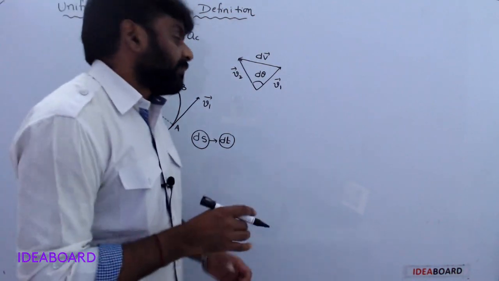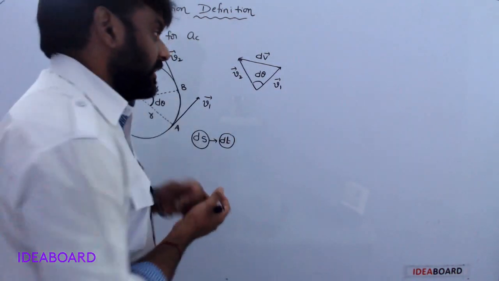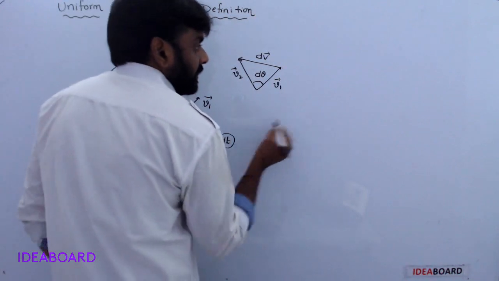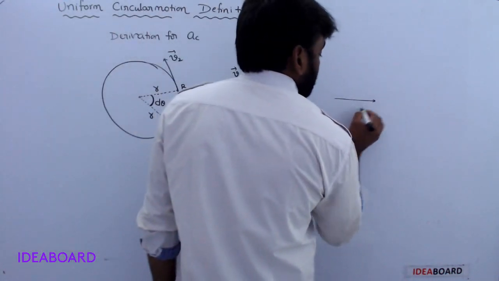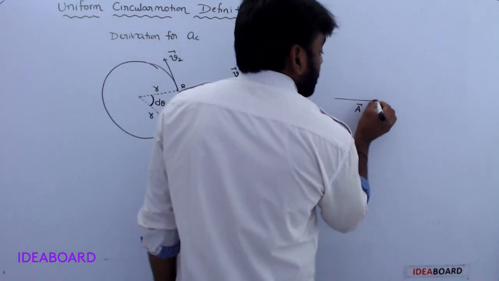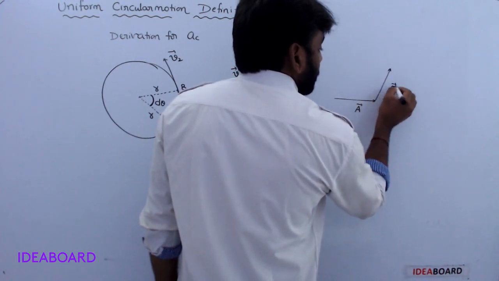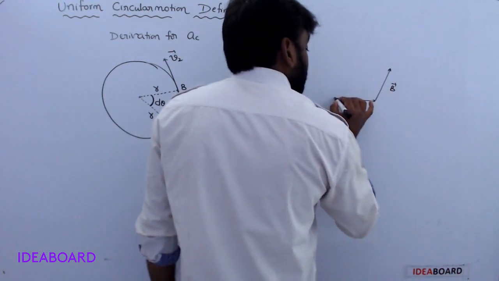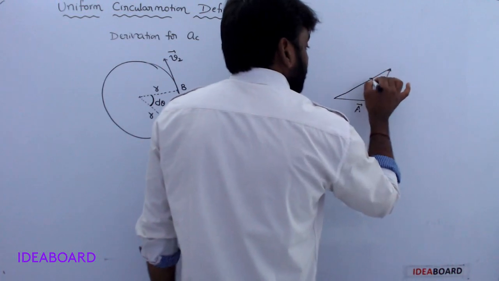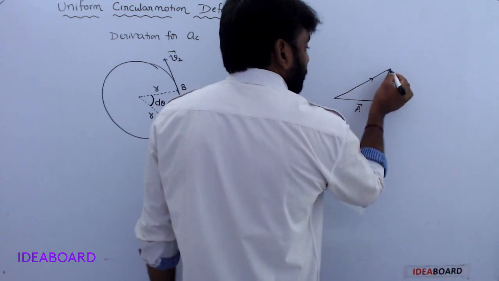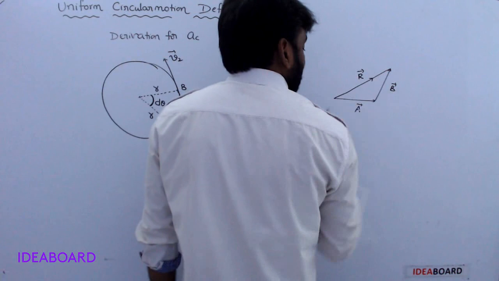You know the triangle of vectors: for example, this one is a bar, this one is b bar. In reverse direction, join the initial point of the first vector and the final point of the second vector, which gives the resultant.